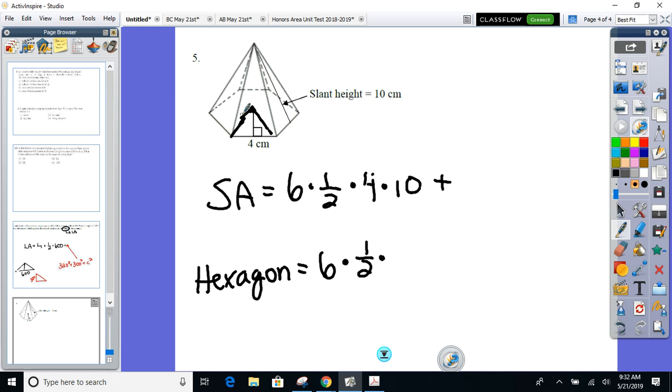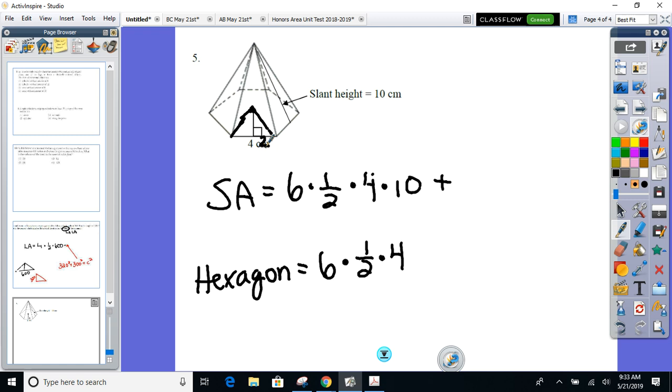If I take one of those triangles, the base is going to be 4. You with me so far? The height now we got to do a little work for. See this angle here I formed? That's 360 divided by 6, which is 60. The height cuts it in half, so what's this angle? 30, and it's across from not 4, but 2, because it cuts it in half.